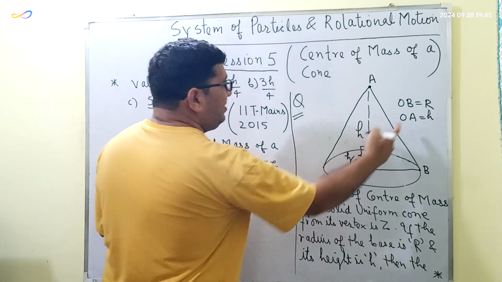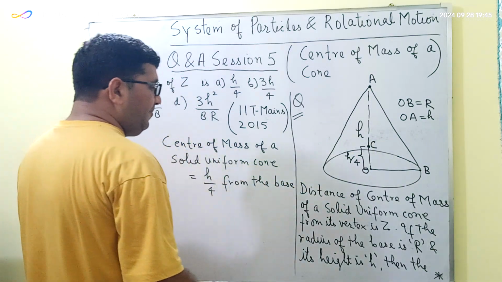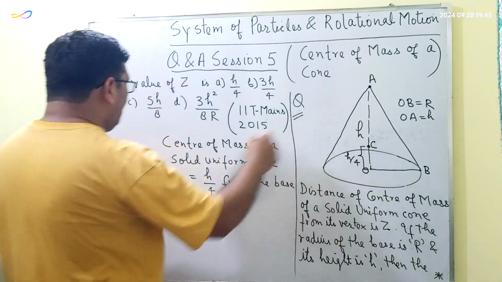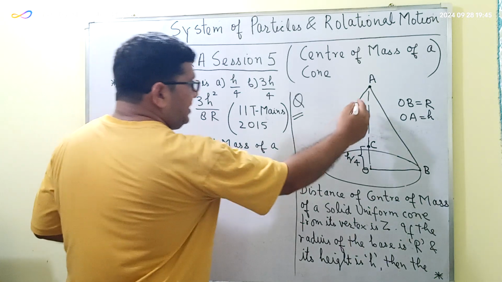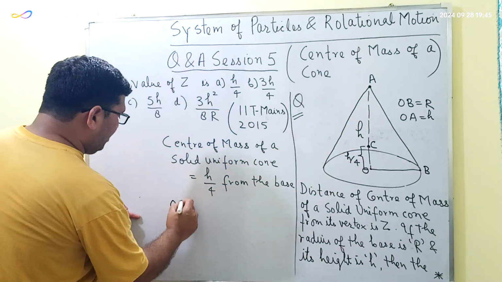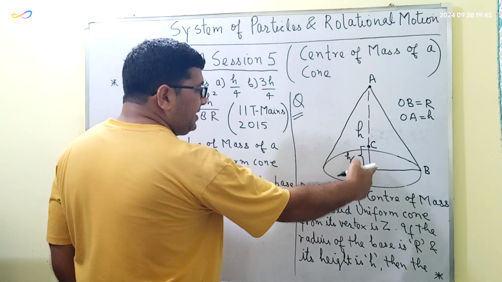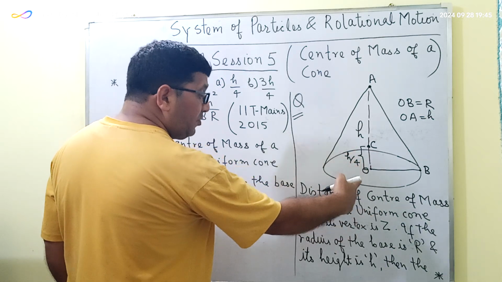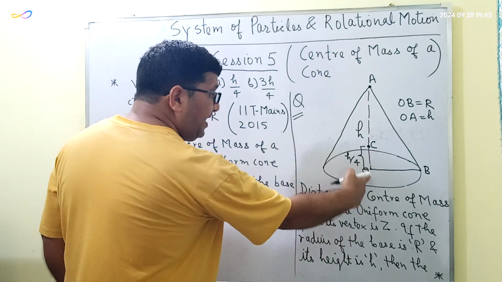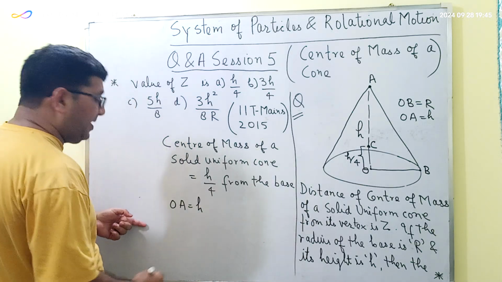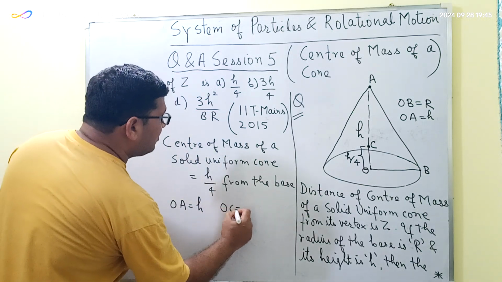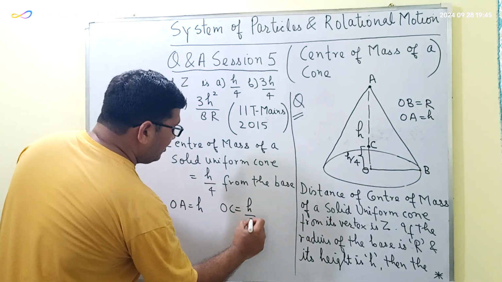Now we have been given that the height of this cone is equal to h, that is OA is equal to h. We know that the center of mass from the base of the cone is equal to h by 4, so it means that OC is equal to h by 4.